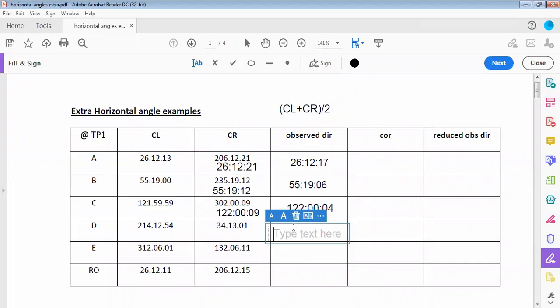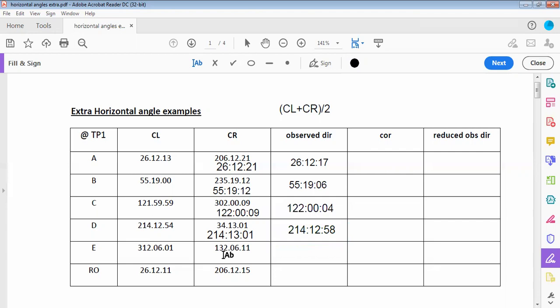For the next, in this case the circle left is bigger than the circle right, so therefore we add 180 degrees. If we add it, you're supposed to get 214, 13, 1. Then the answer you will get is 214, 12, and 58.